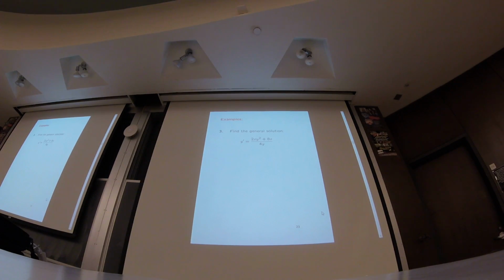So, look at this thing. Well, you look at that. I can write this as what? 2x times y squared plus 4 over 4y, right?